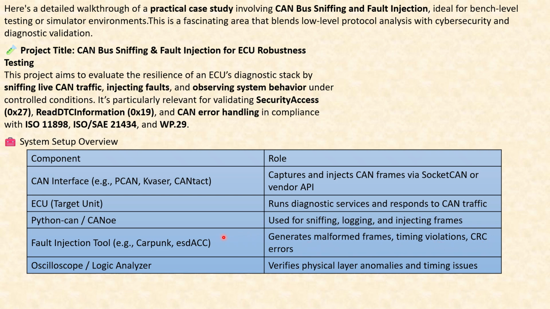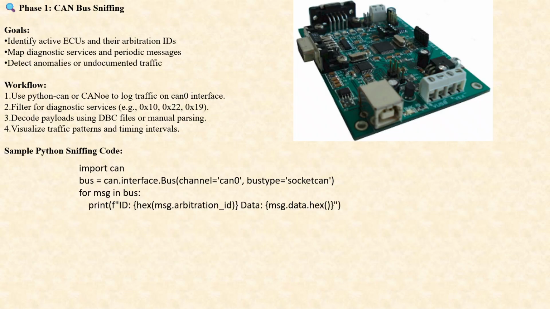So this is the actual tool which generates these malformed frames, and CANoe is the tool with which this malformed frame is injected. Now coming to the oscilloscope or the logic analyzer, it verifies physical layer anomalies and timing issues.